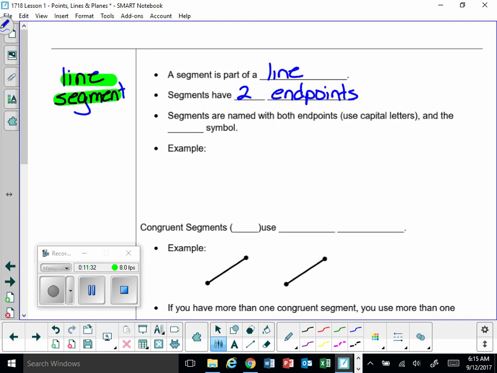Segments are named with both endpoints and a little baby line segment symbol on top. So MN, I would name it segment MN. Again, you always read the symbol on top, so I would read the bar first, which is segment, and then the letters MN. I could also name this segment NM.